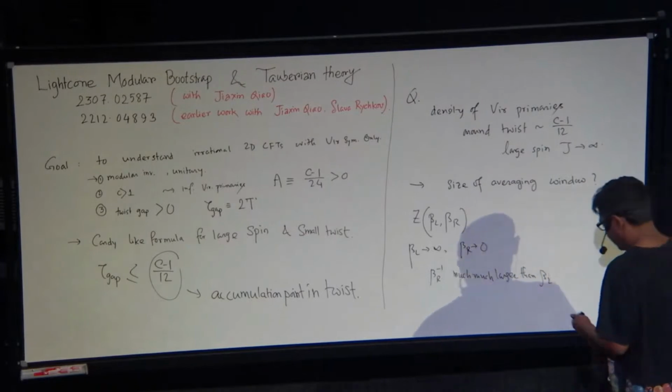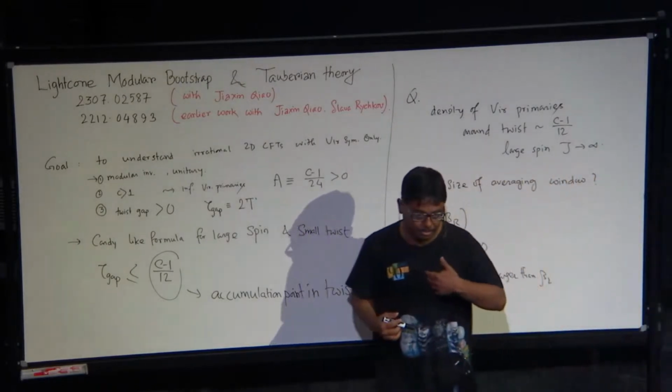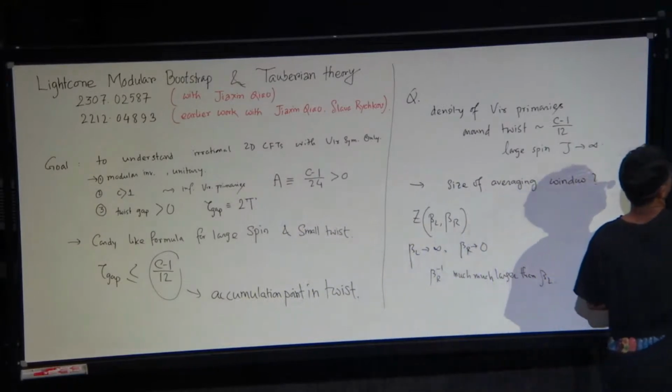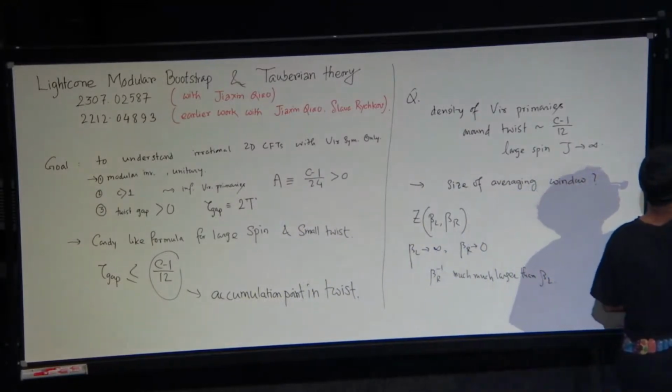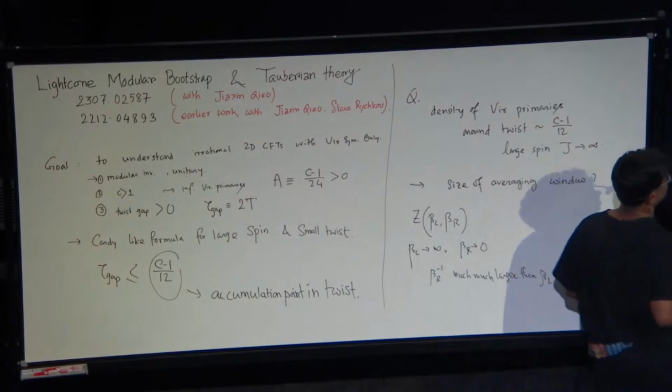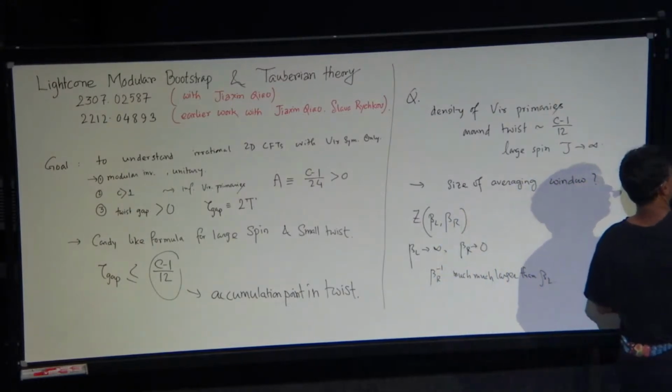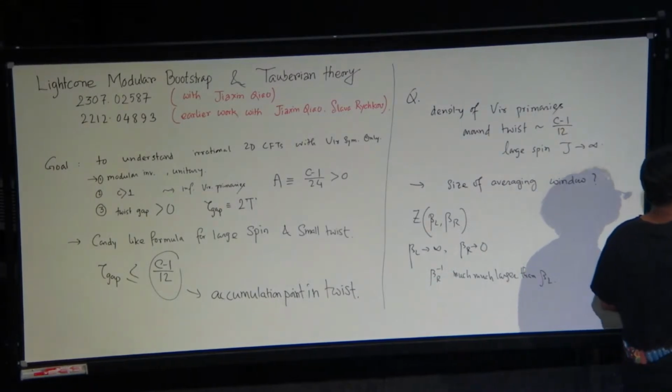The way the usual Cardy formula works, we want to figure out the behavior of the density of states for large delta. And the idea is that this is encoded in the partition function in the beta going to 0 limit.